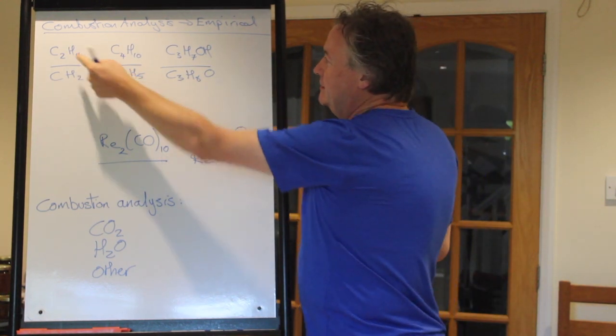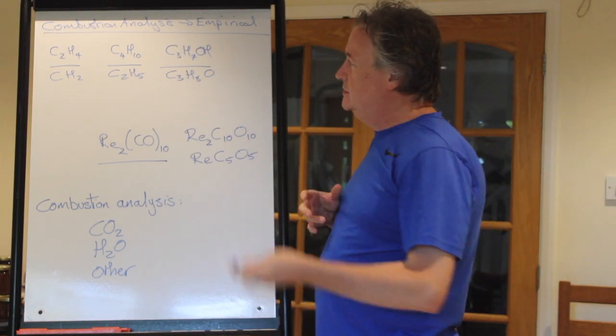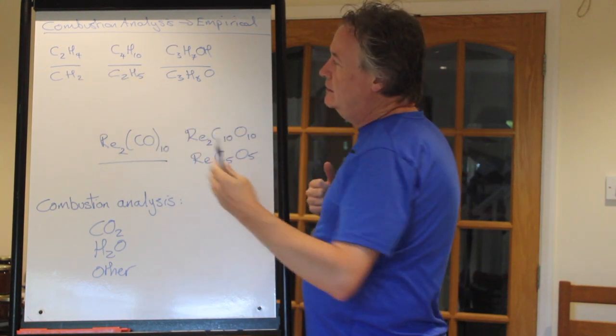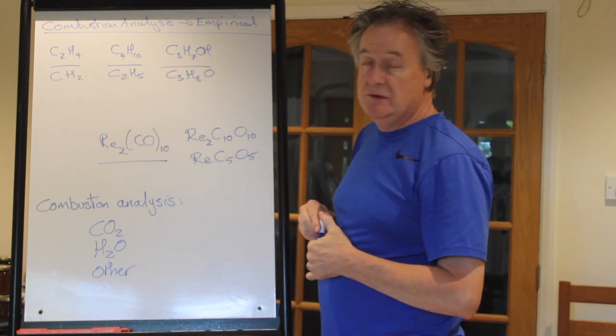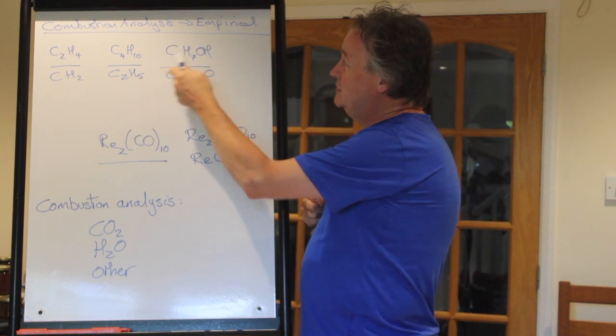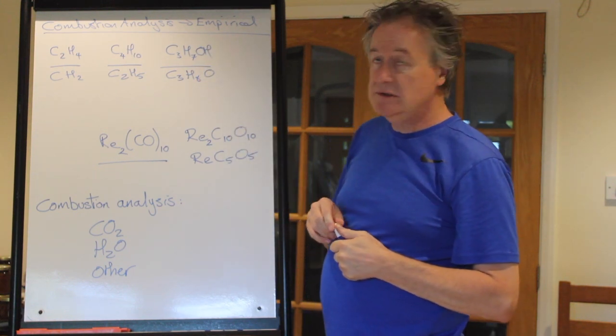Now if you burned ethene, with full access to oxygen, complete combustion, you don't want any carbon monoxide or any particulate carbon. So that would produce CO2 and H2O. Here this would still produce CO2 and H2O, it's just that some of the oxygen is in the structure.